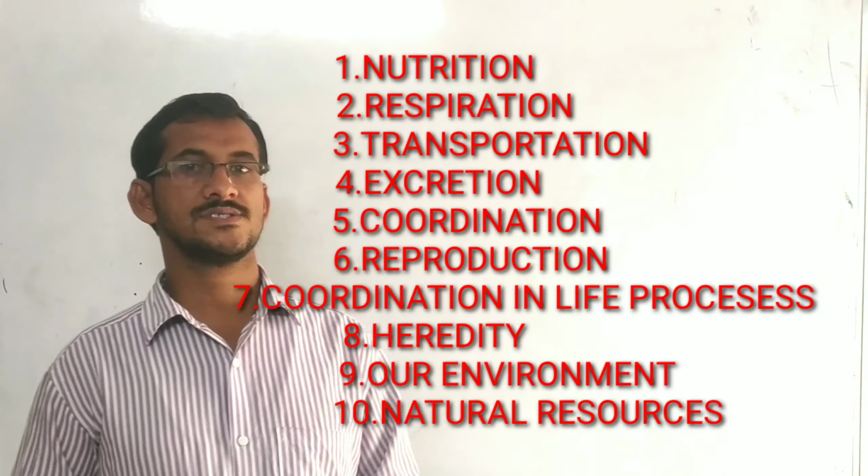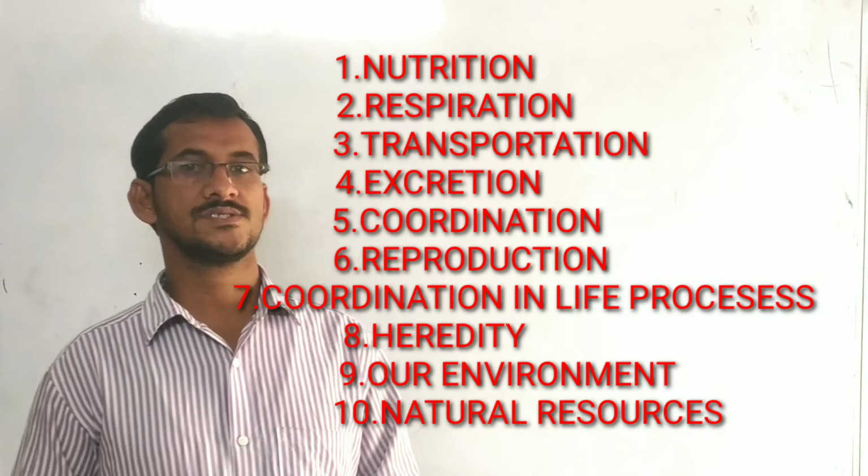Okay. Now let us see second chapter experiments. How can you prove that carbon dioxide and heat are produced during anaerobic respiration, or we can say experiment with yeast. The next one is, how can you prove that carbon dioxide is produced during combustion of sugar, or write an experiment to observe changes during combustion of sugar.